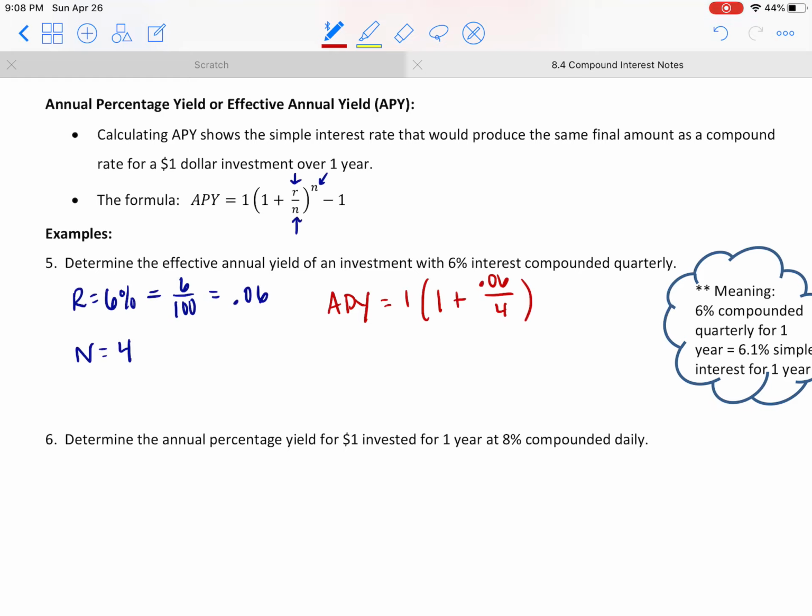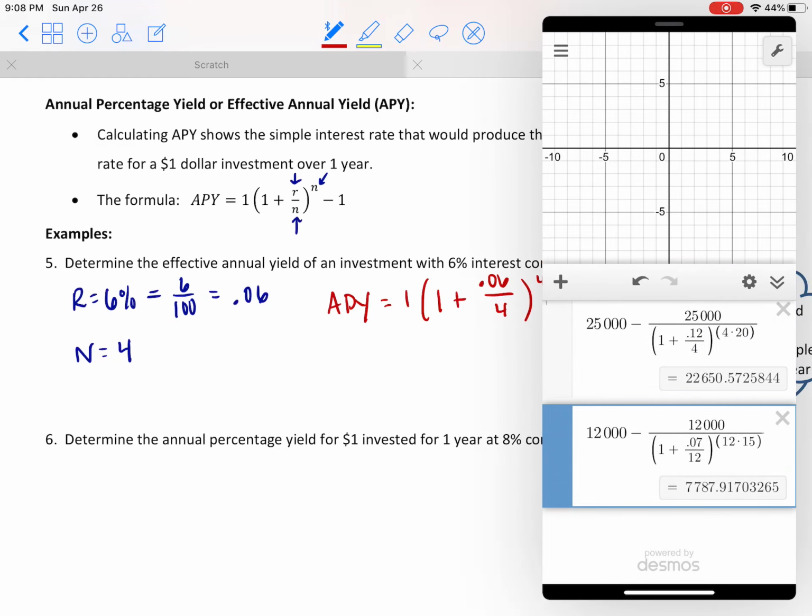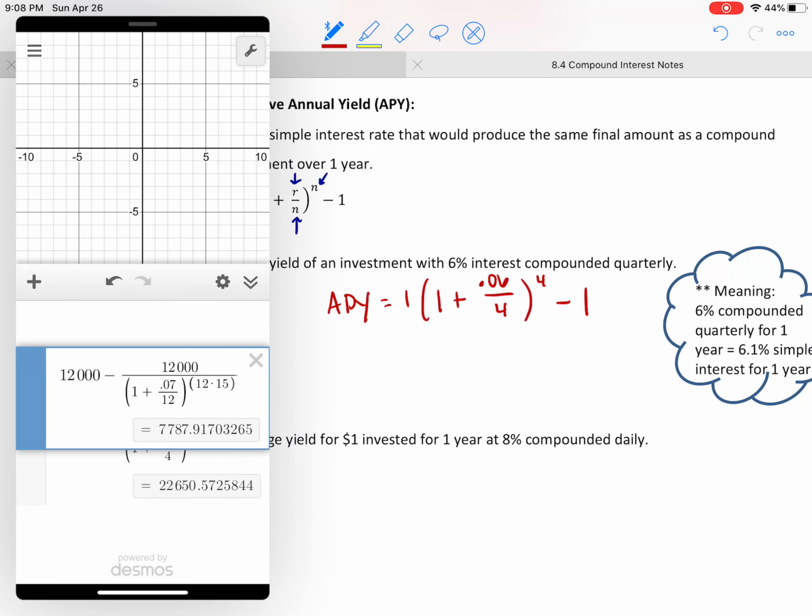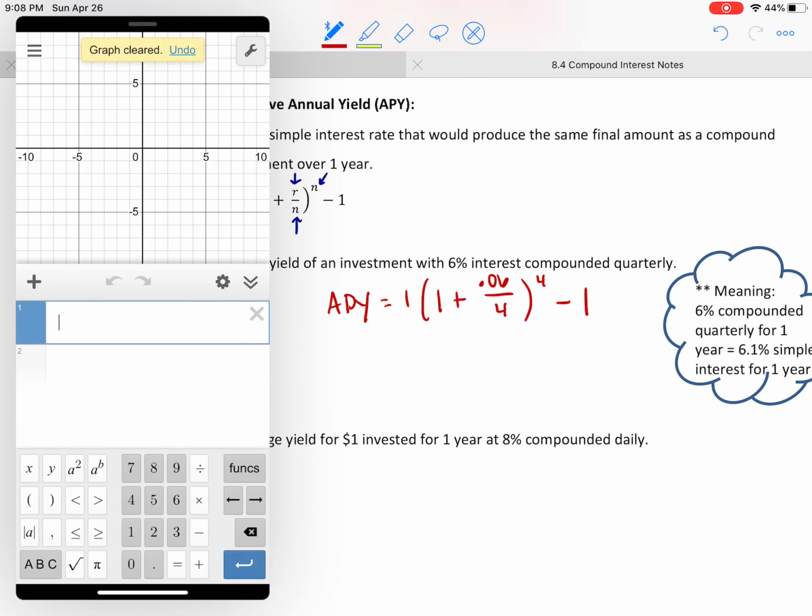So we have a formula that says that APY is going to equal 1 times, now we don't really need that 1, but it's the formula, 1 plus R over N, 0.06 over 4, raised to the N power, so 4th power, and then we subtract 1. And that's just to make our number a percent. You'll see that in a second.